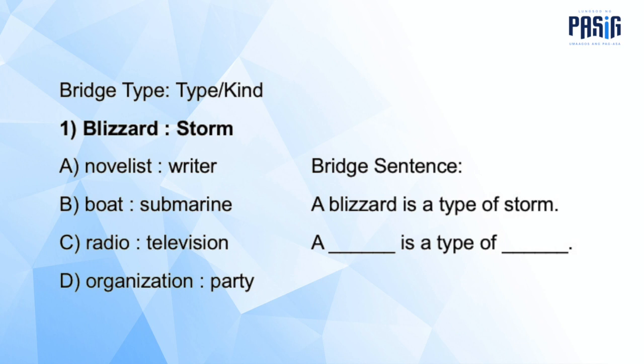Is it letter A, novelist is to writer? Or letter B, boat is to submarine? Letter C, radio is to television? Or letter D, organization is to party? The bridge sentence is, a blizzard is a type of storm, so a blank is a type of blank.